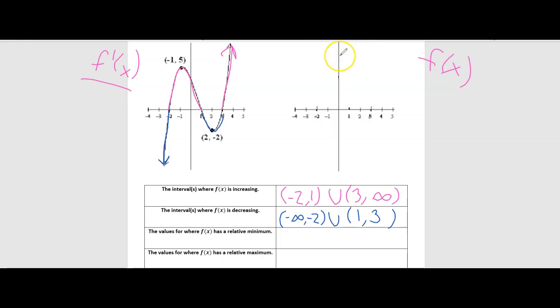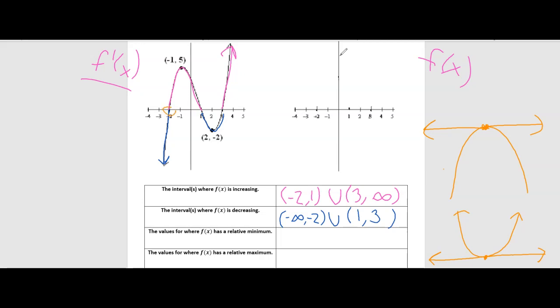If we're looking at a relative maximum, the derivative at this point is going to be equal to 0. Same thing if we have a relative min. Now, it doesn't actually have to be 0. We're going to get into that in other lessons, but for now, we're going to assume that the derivative is going to be 0. So let's identify the spots on the derivative graph where the derivative is equal to 0.